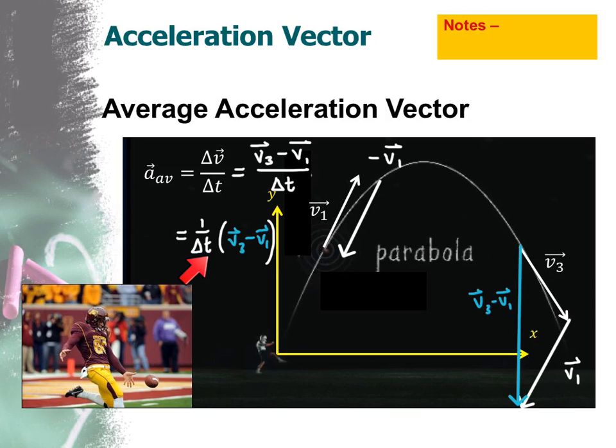So this scalar doesn't change the direction of the vector, it only changes its size. So we are going to get a vector that's still pointing down, it's just not going to be the same scale as this vector right here. So our average acceleration vector is pointing down.